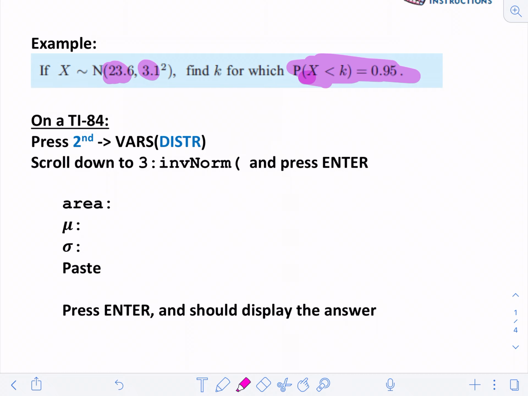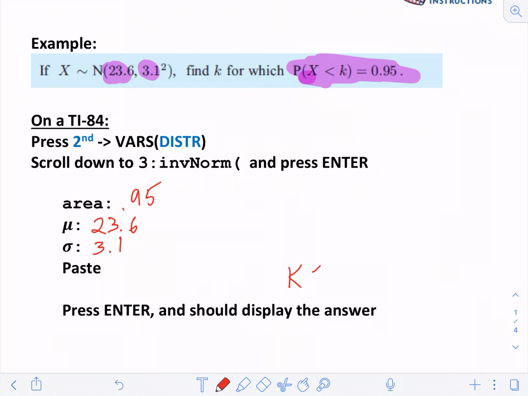For this particular one, our area, because we already know the area, is 0.95. What's my mean? My mean is 23.6, and my standard deviation is 3.1. Let me put those into my calculator, 23.6 and 3.1.